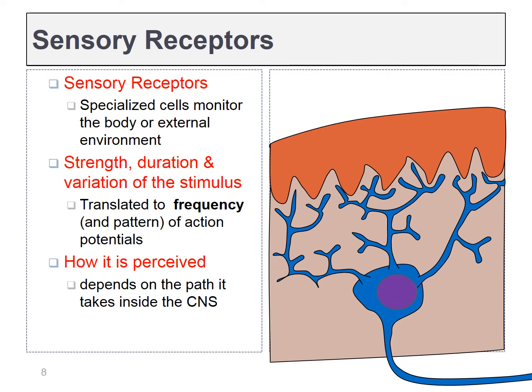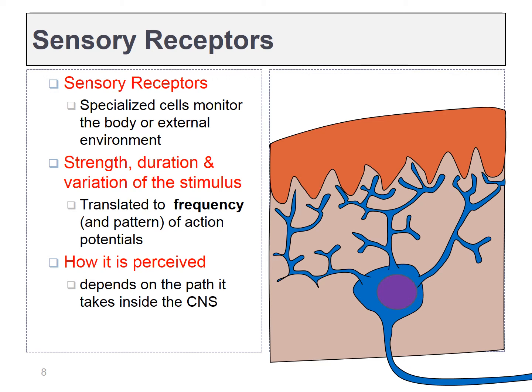In either case, we've got sensory receptors. That's the name for the cells that detect information. Watch out, we've already used the word receptor to mean the proteins that we find on the dendrites that can bind to chemicals like acetylcholine and norepinephrine. We're now using the same word receptor to not only mean the proteins that we find on these cells, but the entire cell itself.